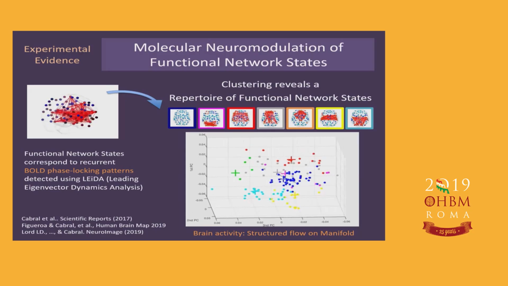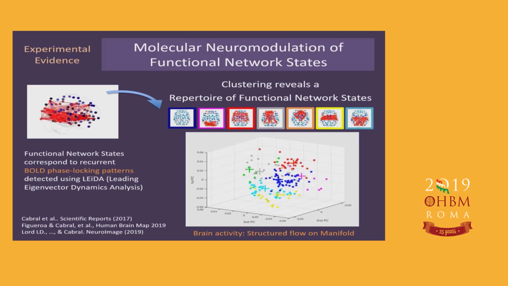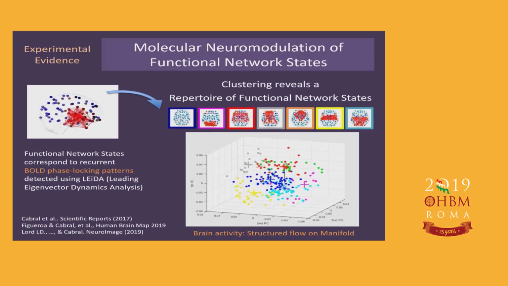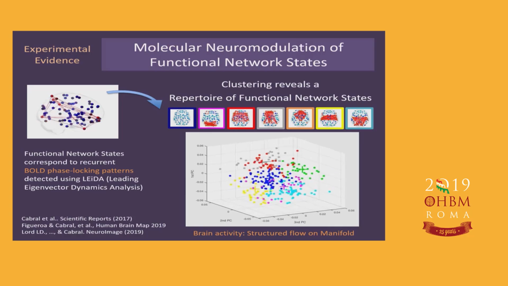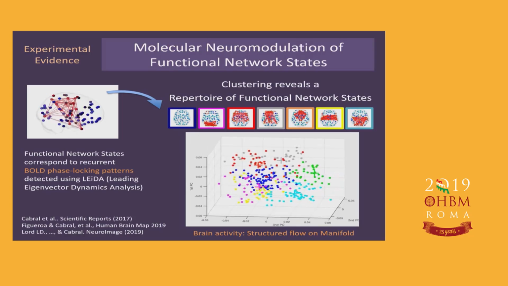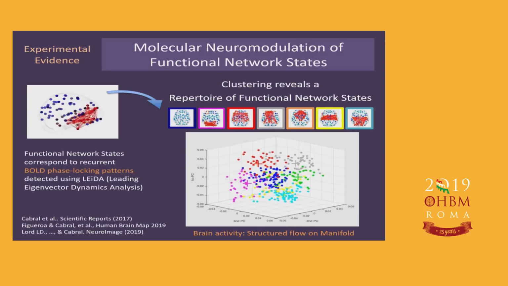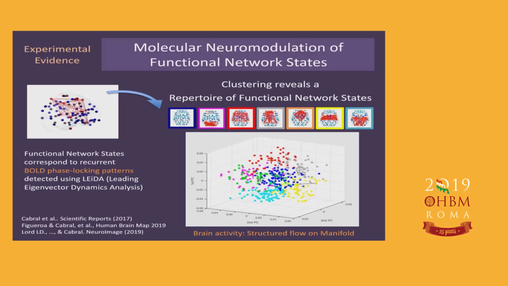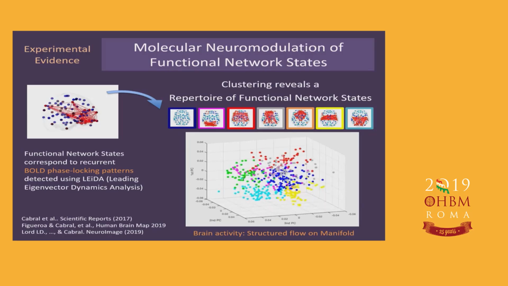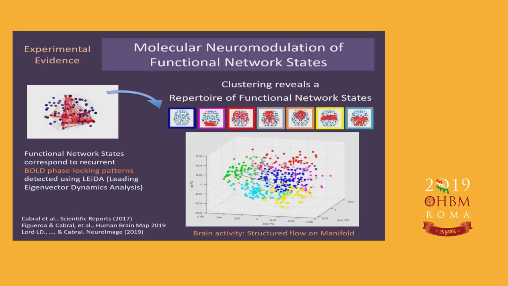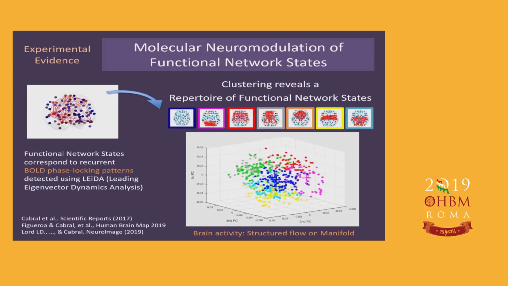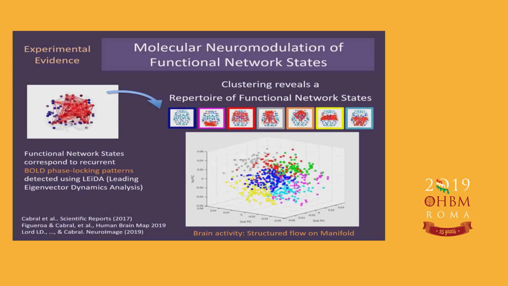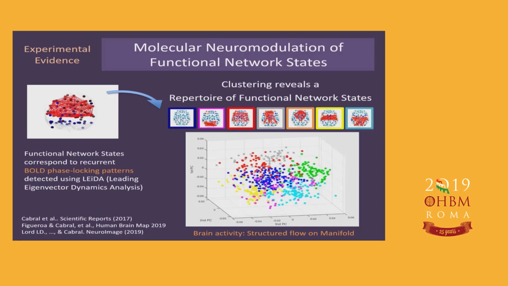In this sense, we can look at a single fMRI session and see it as a trajectory within this low-resolution manifold. So this flow on a manifold seems to be a hypothetical scenario for how brain activity, or how dynamic functional connectivity, emerges. But importantly, these functional network states reoccur in different sessions, in different subjects.